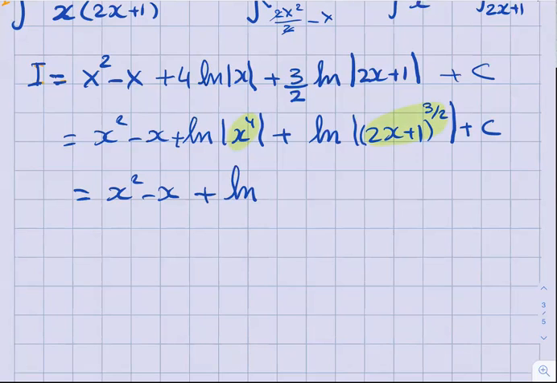So it's ln of the modulus here of x to the power 4 multiplied by 2x plus 1 to the power 3 over 2, plus C. Is the modulus clear here?